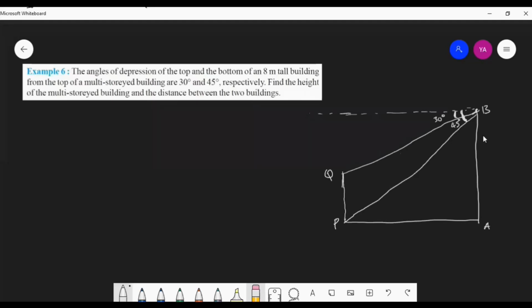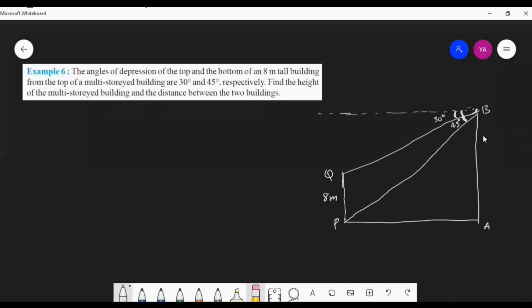I explain the picture again. There are two buildings, AB and PQ. So AB is the multi-storied building and PQ is the small building. Its height is given that 8 meters. And the question starts from the angle of depression of the top and bottom of an 8-meter tall building from the top of the multi-storied building is 30 degree and 45 degree.